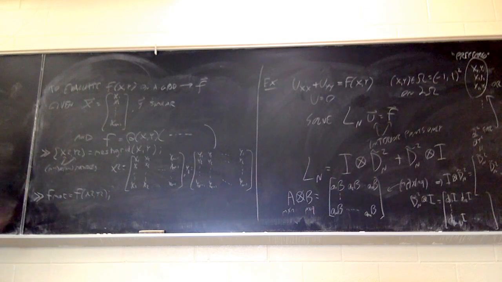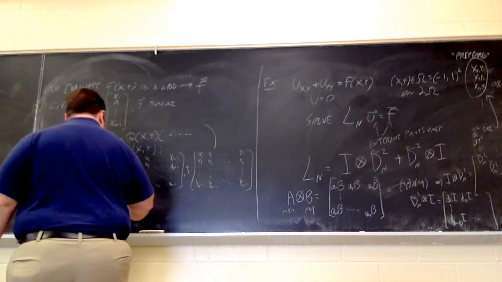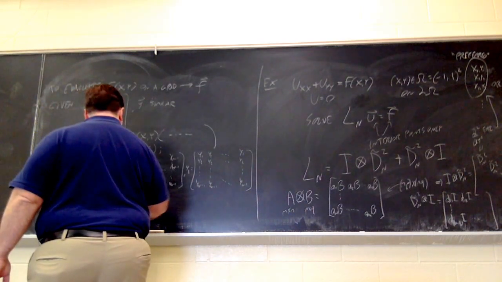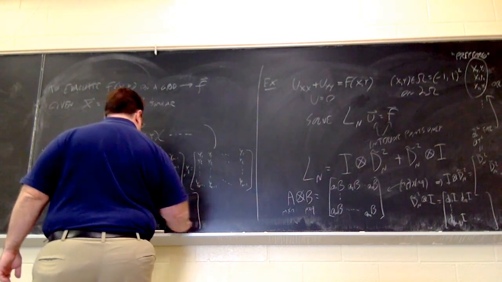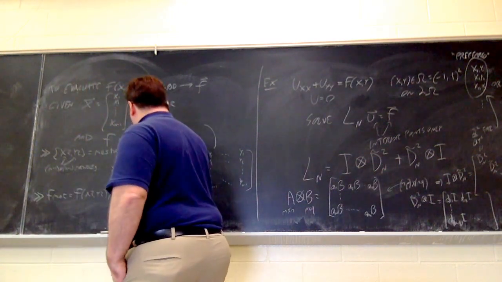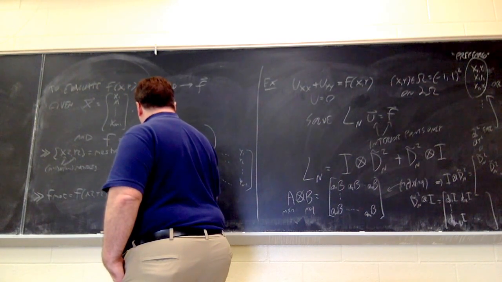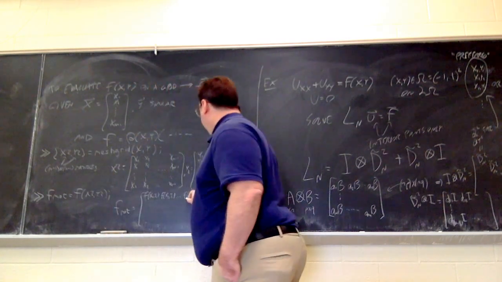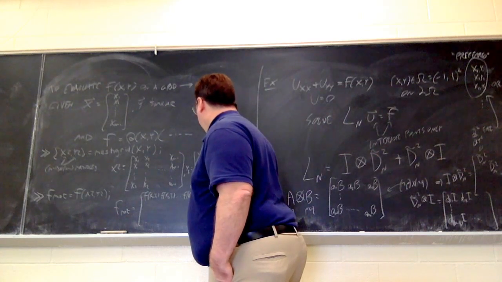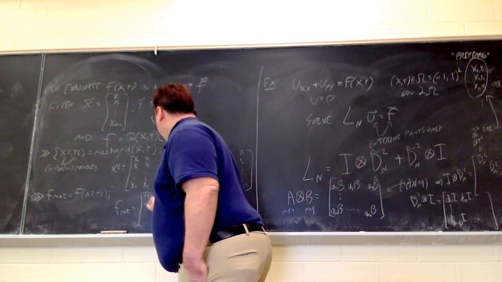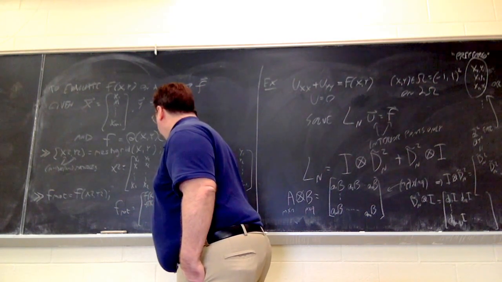So what that gives me is f of x1, y1, f of x2, y1, and so on, f of xn minus 1, y1, and then f of x1, y2, and so on.